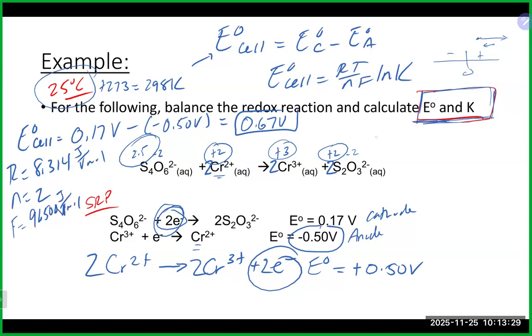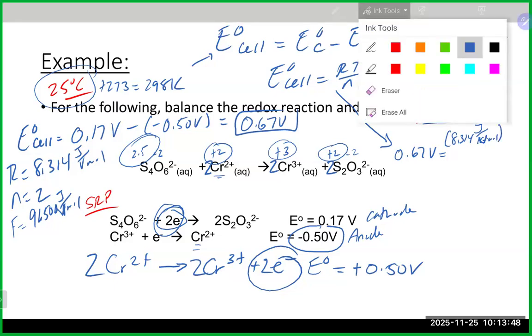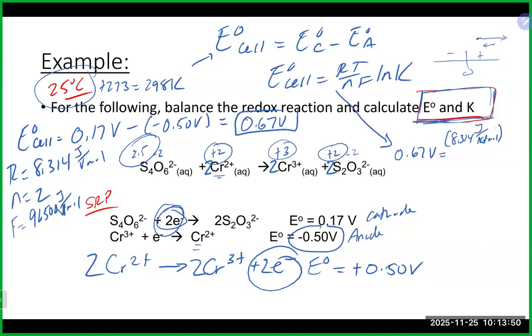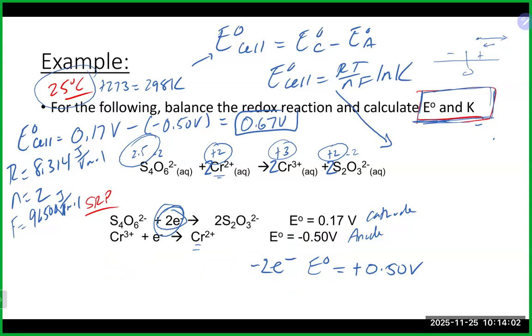All right, so we can go into our equation here, and we will end up with 0.67 volts equals our 8.314. I'm going to run out of room, so maybe I'll go below here and do it.